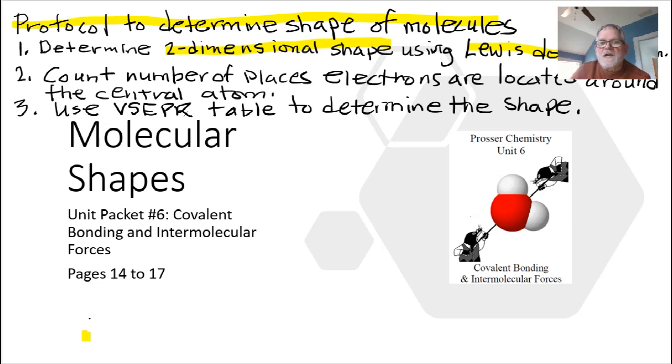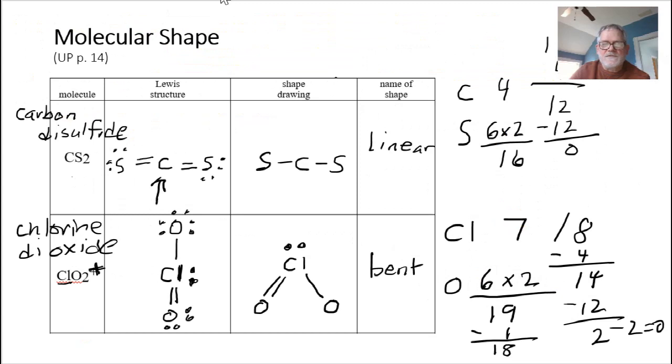Once you have the Lewis dot diagram of the molecule, you look at the central atom and you count the number of places where electrons are located. Once you know this number, then you can use the VSEPR table to determine the shape. So why don't we do a couple of these problems? We'll go over the procedure again.